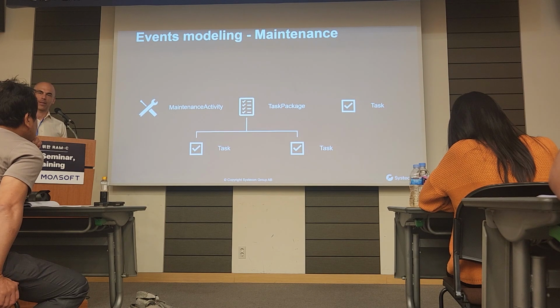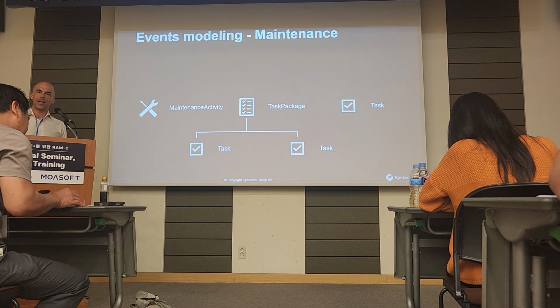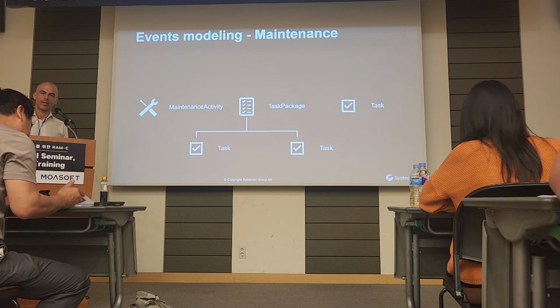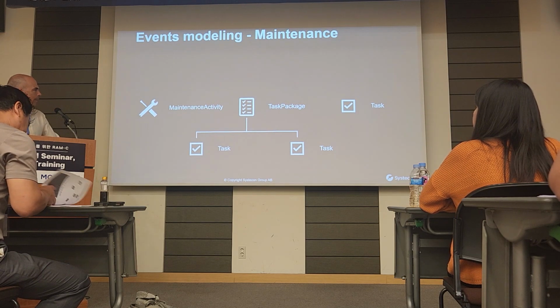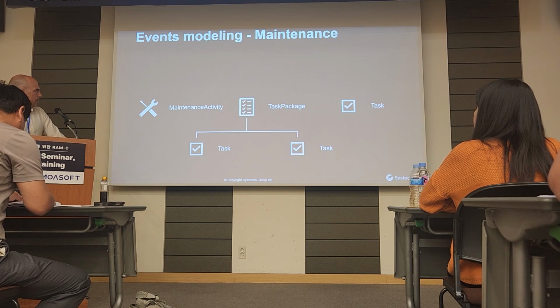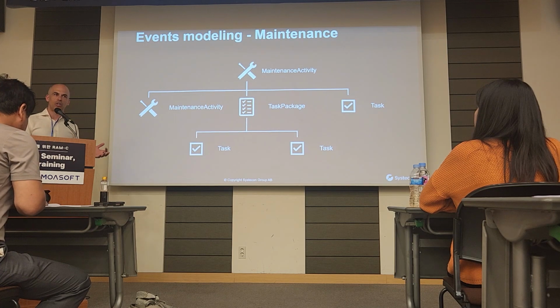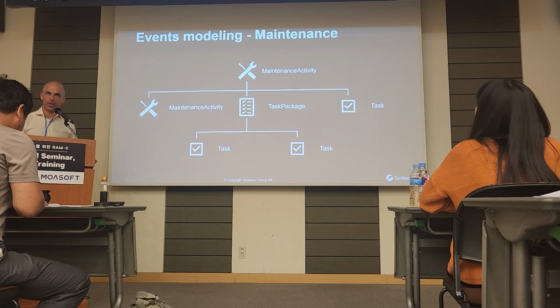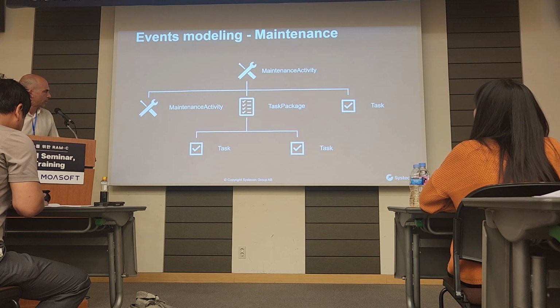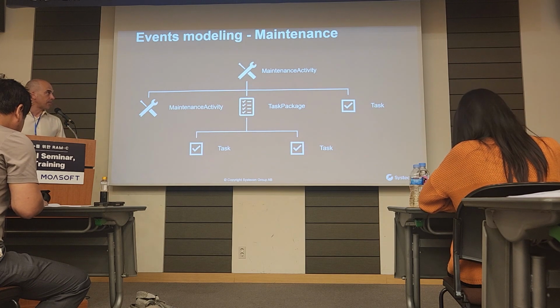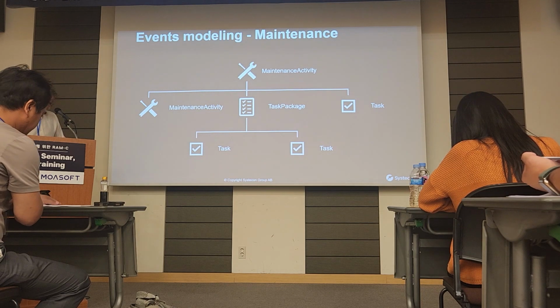If, for example, you know that a specific failure requires a set of tasks to be done, you can say it's a task package. And then we have something called a maintenance activity, which is a larger activity, typically when it comes to overhaul and preventive maintenance, which can consist of a mix of other maintenance activities, task packages, or tasks. So these are the maintenance entities in OPUS suite.